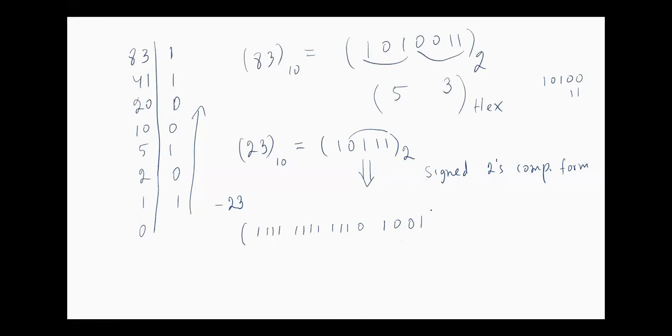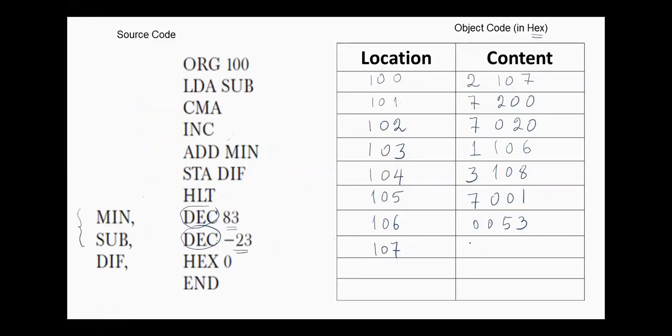This is minus 23 in signed 2's complement form. And this value is 9, and here we have E, here F, and here F as well. And back to our table. So minus 23 in hexadecimal is FFE9.